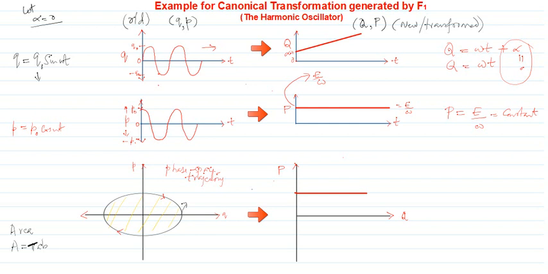What is this Q0 equal to? We have proved in the previous discussion that this amplitude is equal to root of 2E divided by m omega square. And what is this other one?